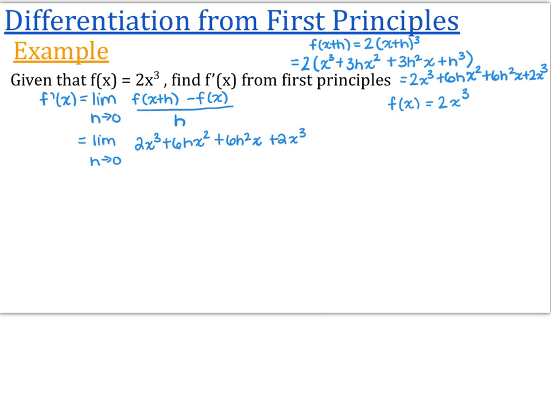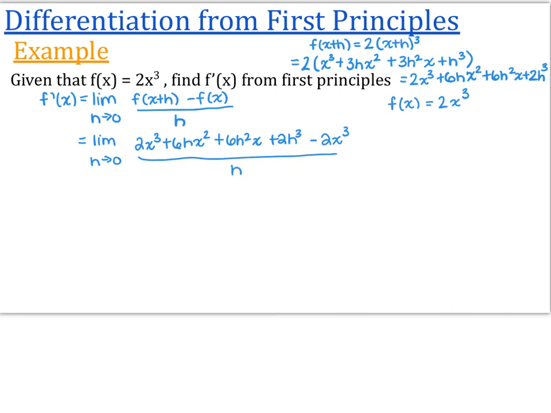Sorry, this is a mistake up here, and that's a mistake there. Let's go back and fix that. So we've got 2h cubed there, and this is also a 2h cubed. So there's all of f of x plus h, and then we're going to subtract off our 2x cubed, which is f of x, and then we're going to divide the whole thing by h.